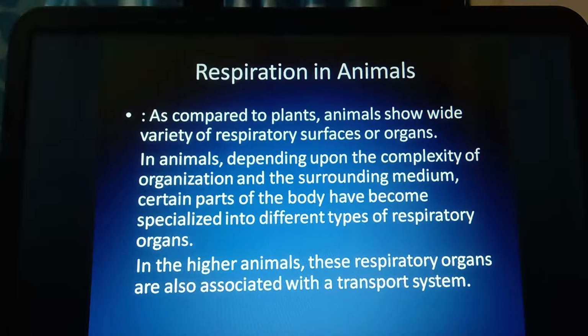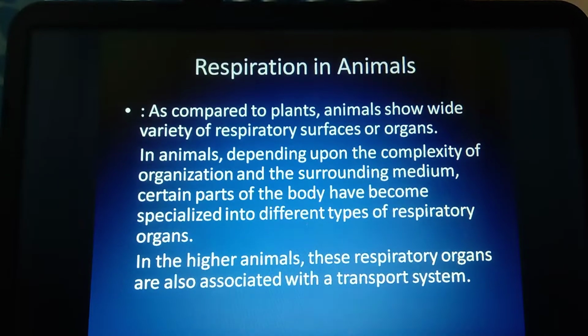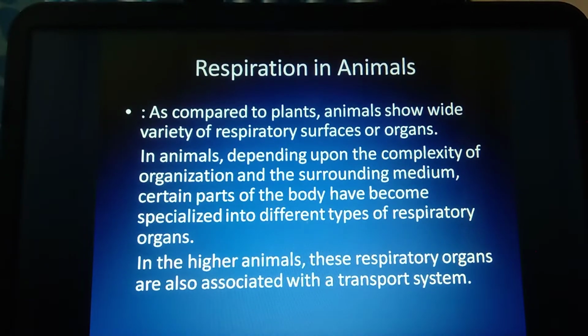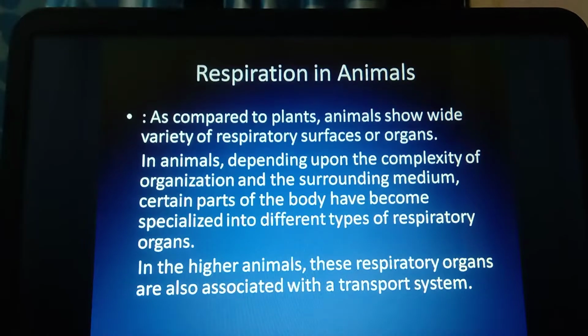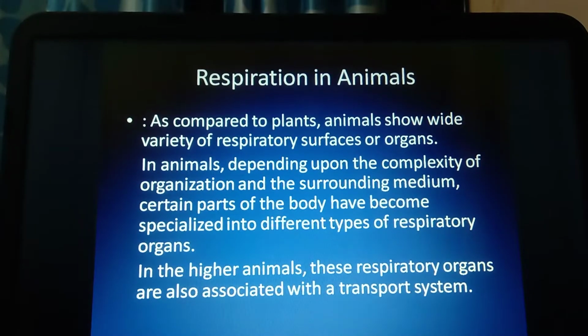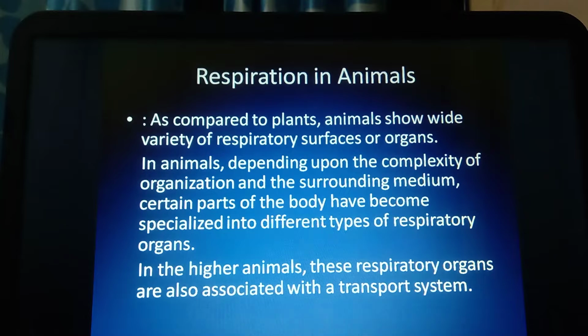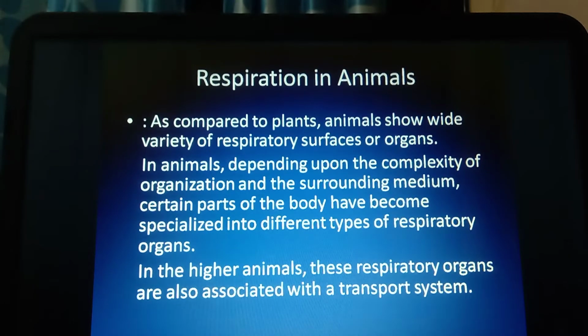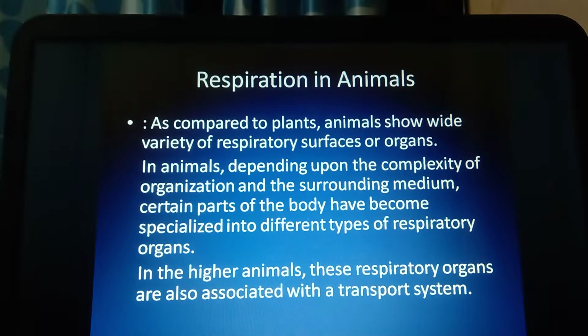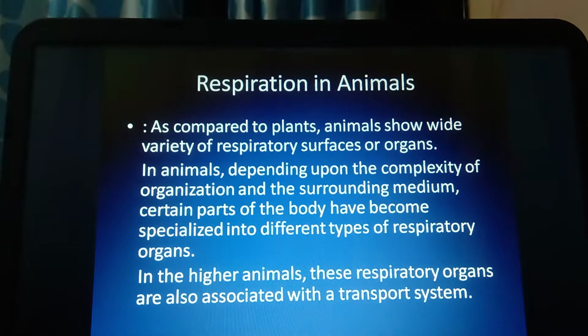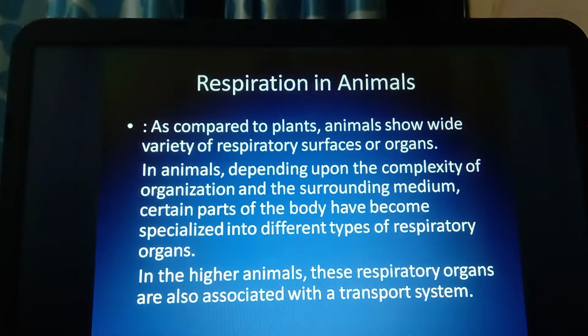In higher animals like Platyhelminthes, the flatworms, they show exchange of gases through the moist skin. If we take Annelida like the earthworm, they also show exchange of respiratory gases through the moist skin.